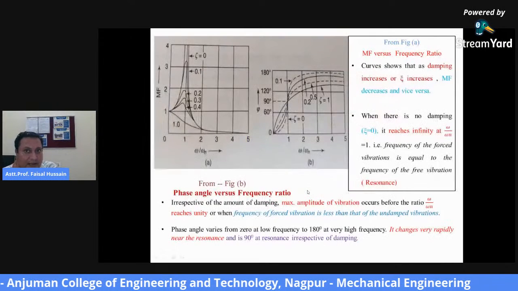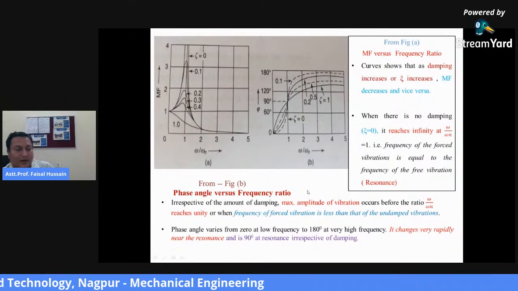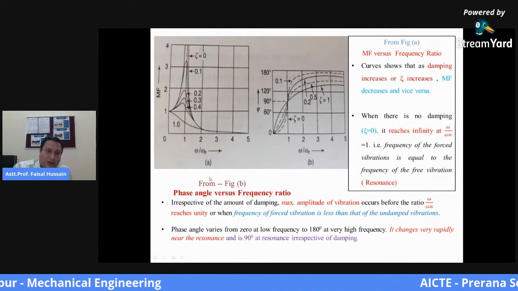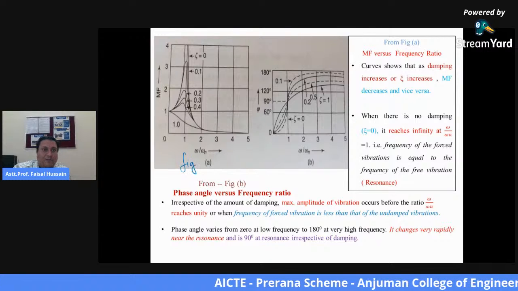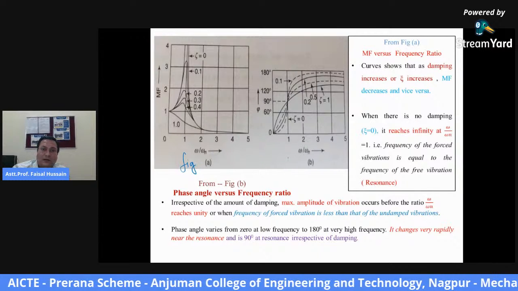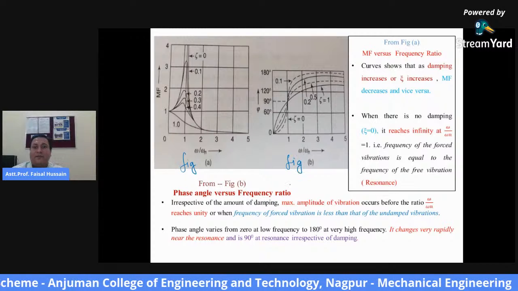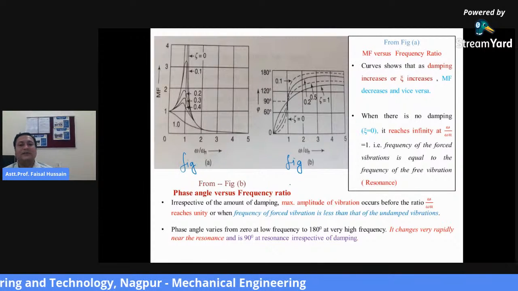Now let us move to the next slide. Here there are two graphs. One is figure A. This is the graph between magnification factor and frequency ratio, and figure B is the graph between phase angle and frequency ratio.